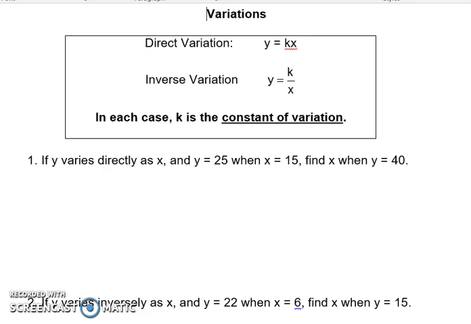You may want to take a moment to pause the video right now to write this down. As you're writing this down, something to notice here is that k in each equation represents the constant of variation. And this is something you have to find first.